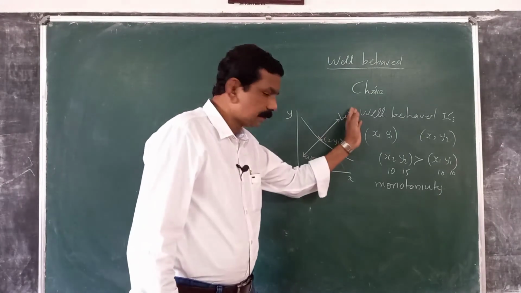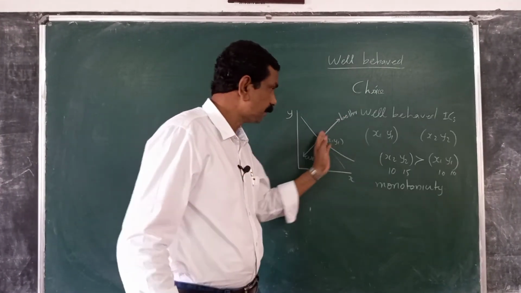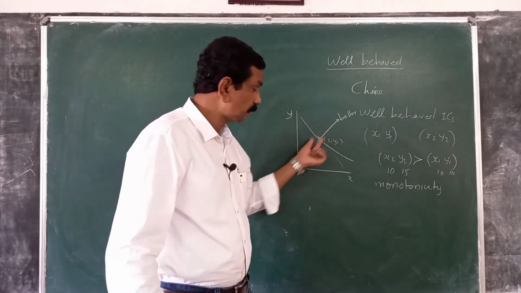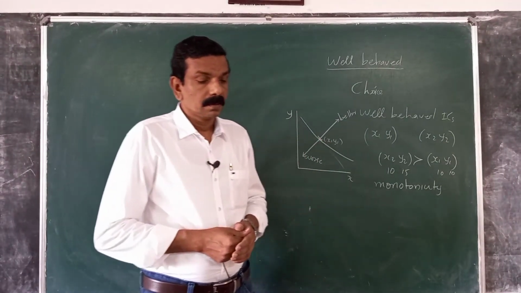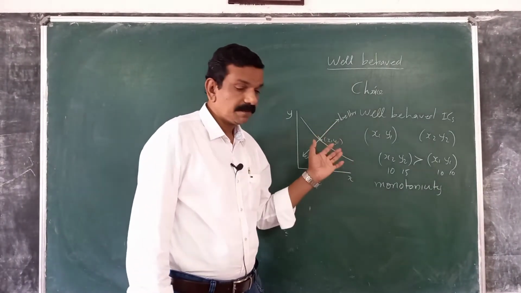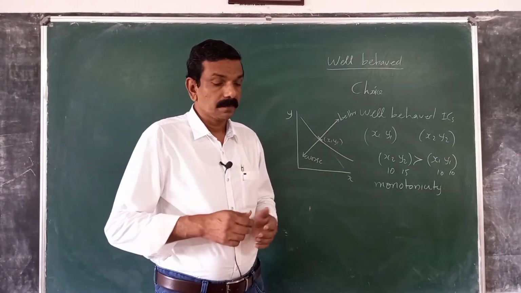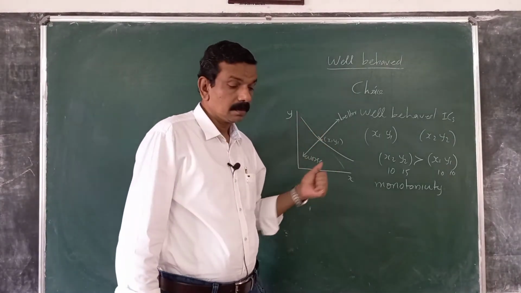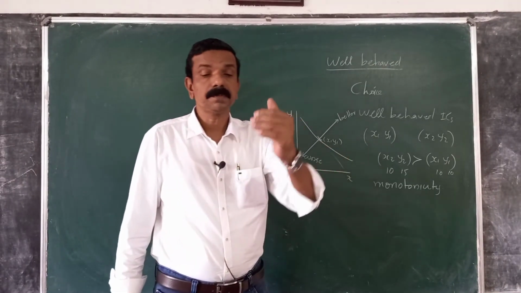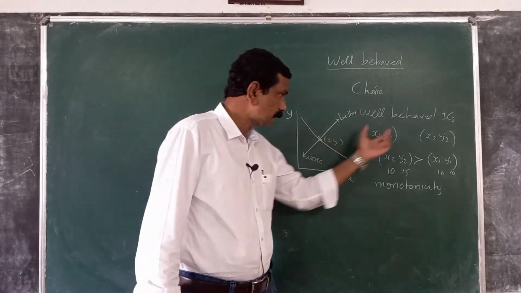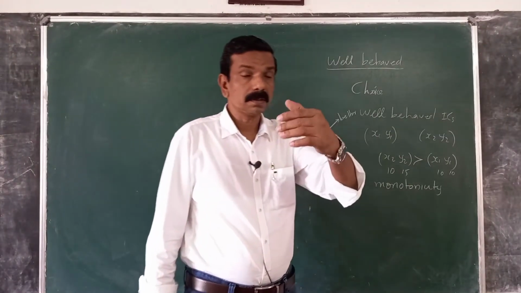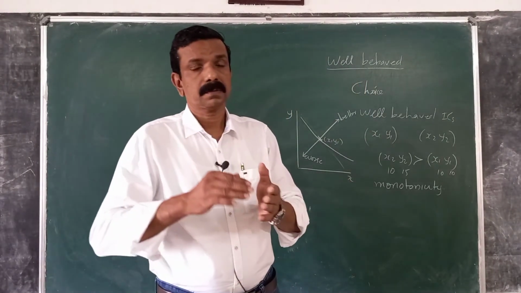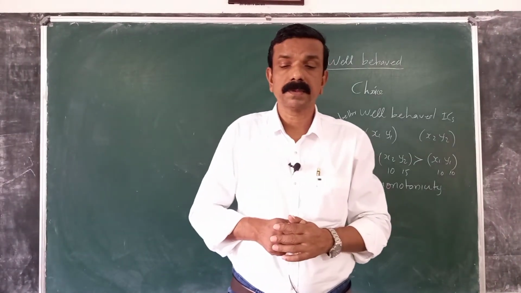If you move up and right, preferred bundles. If you move down and left, worse position. If moving to indifferent positions, we must be moving either left and up or right and down. So, this axiom of monotonicity has an implication for the shape of the indifference curve, that the indifference curve is negatively sloped.